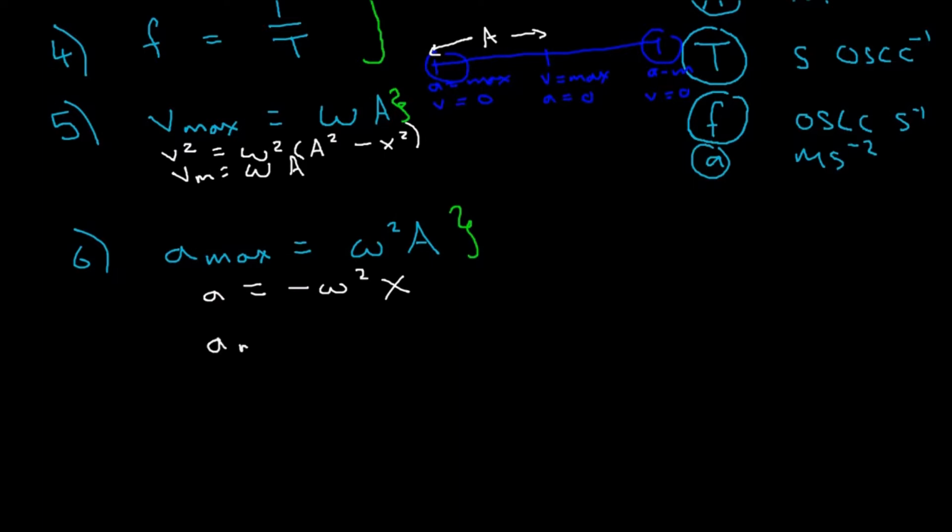So A max is equal to minus omega squared A. Now, there's a minus there, but you just ignore the minus, because the minus is there for the direction. It just denotes direction, and we're only speaking about the magnitude here. So you say A max is equal to omega squared A.